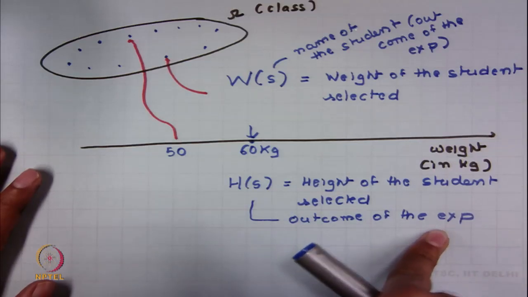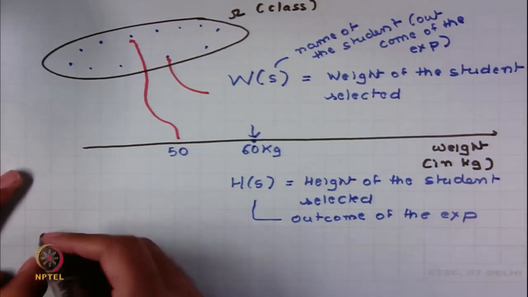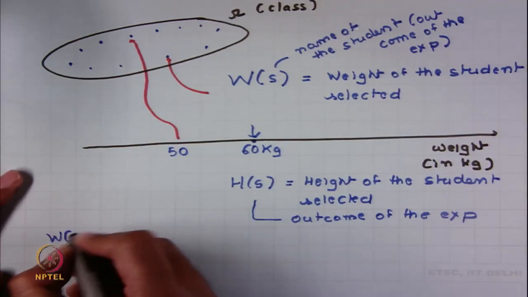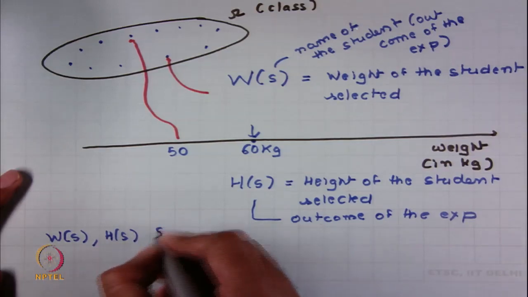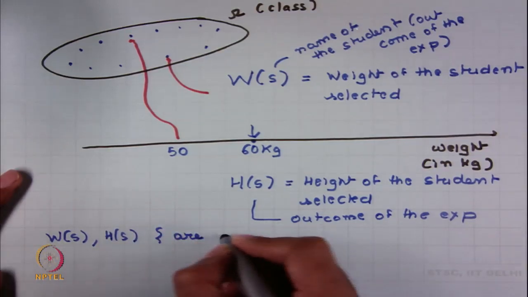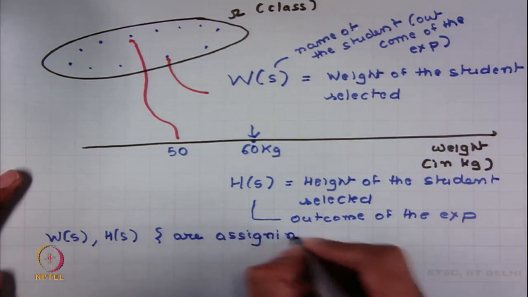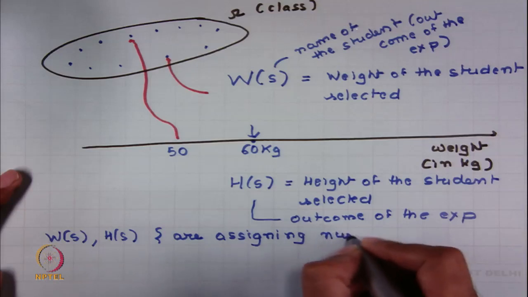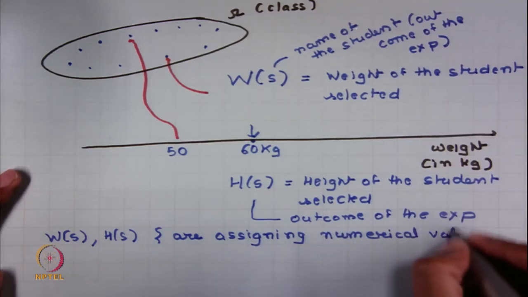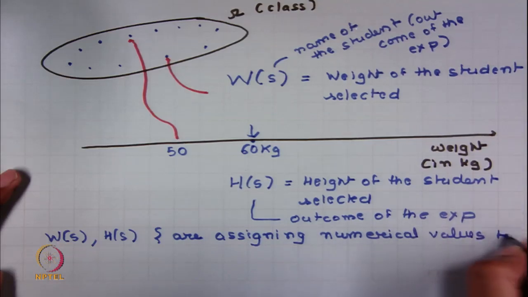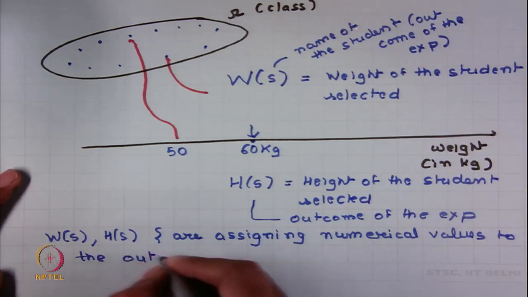So, both W s and h of s are assigning numerical values to the outcome of the experiment.